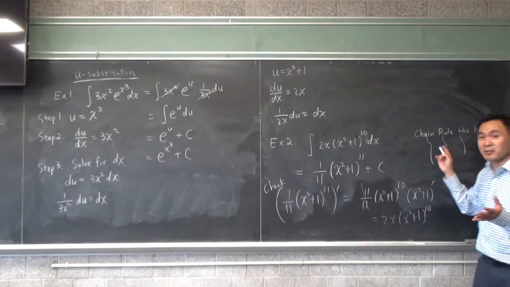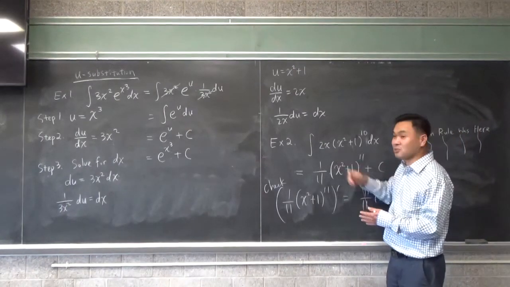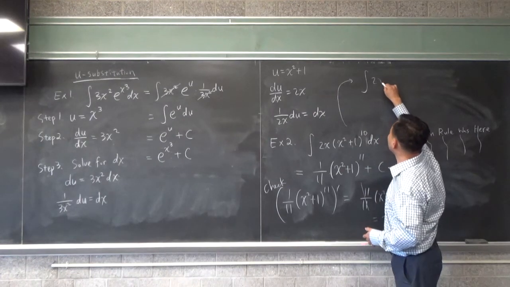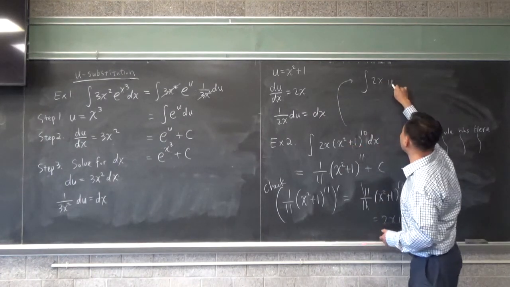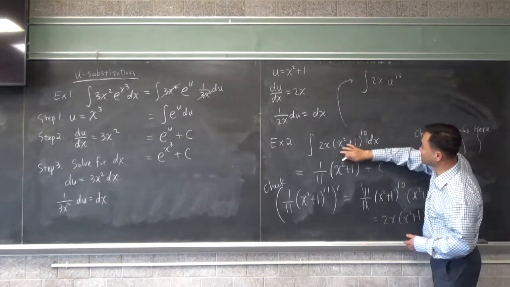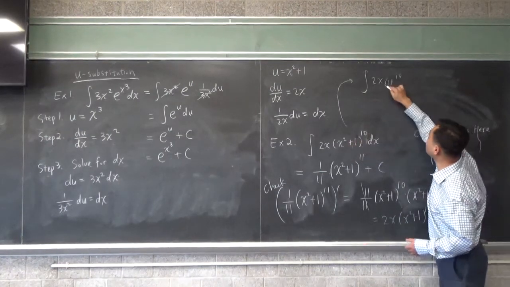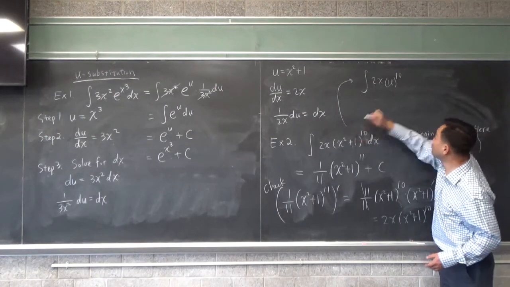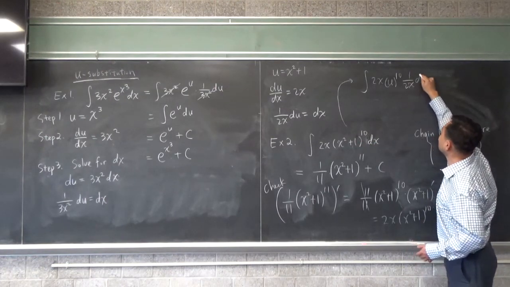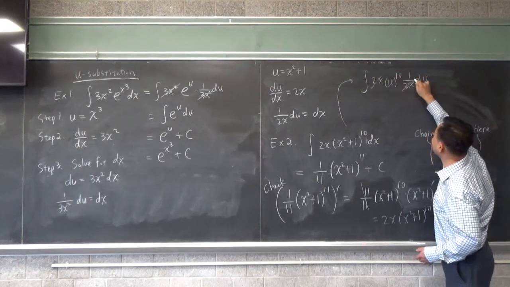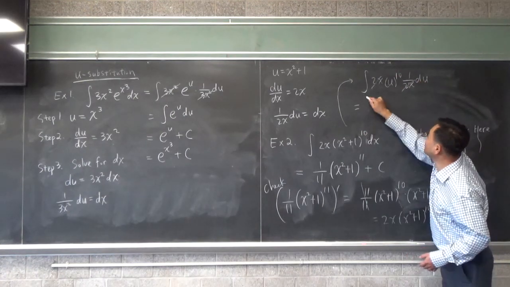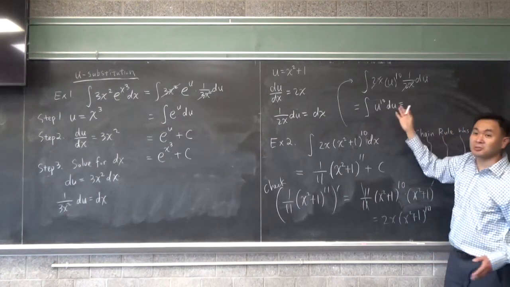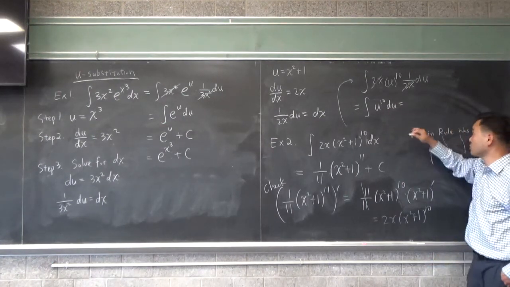And we have everything necessary to change this into an integration with respect to u. 2x, you don't do anything. u is the entire thing, x squared plus 1, so this to the 10th power is like u to the 10th power. And then dx is 1 over 2x du, where 2x and 2x cancel, and you have the integral of u to the 10th power du.